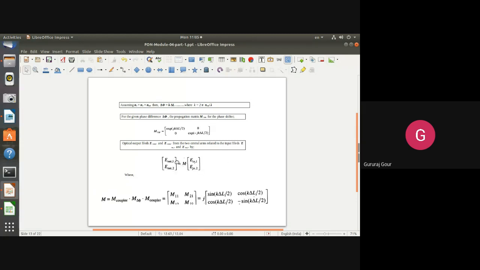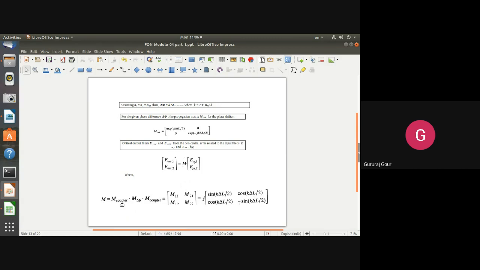Then the output and input ports are related with the help of this coupling matrix M. So this coupling matrix M is given by the relationship between all three sections of the MZI interferometer, that is the splitter, central section, and combiner.